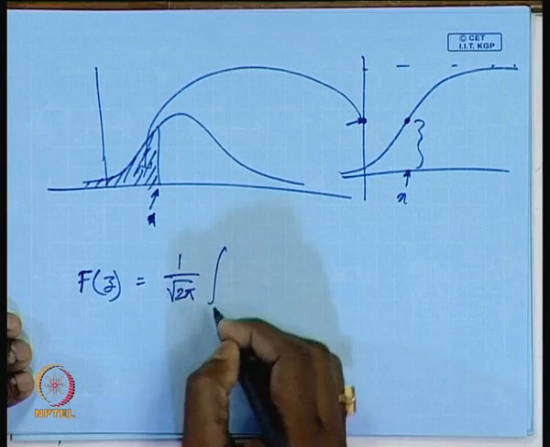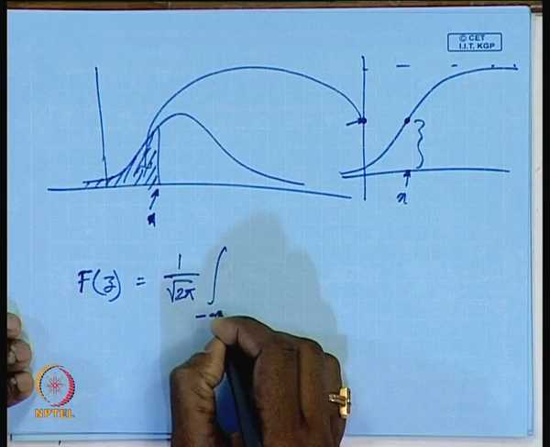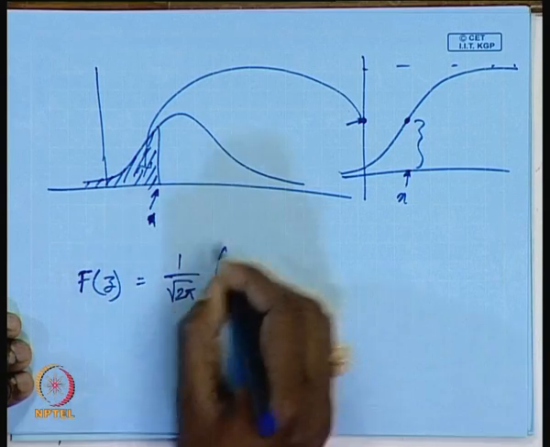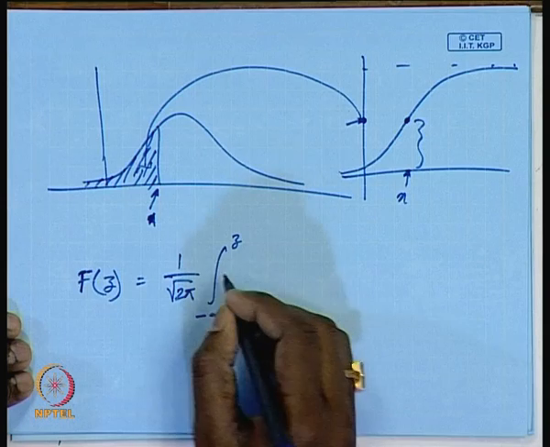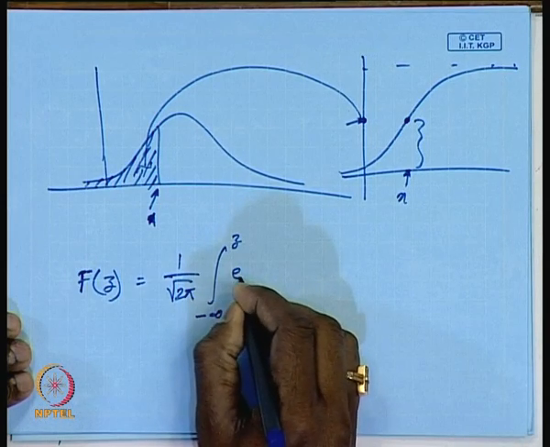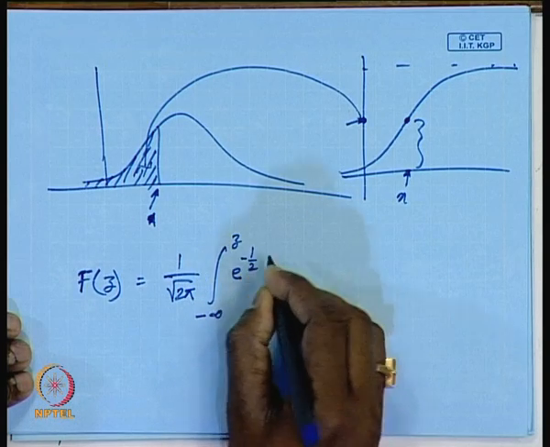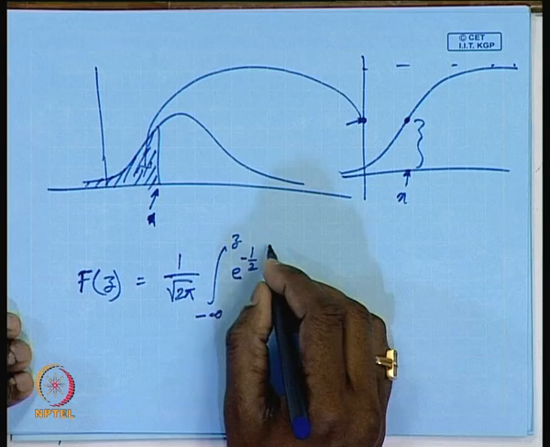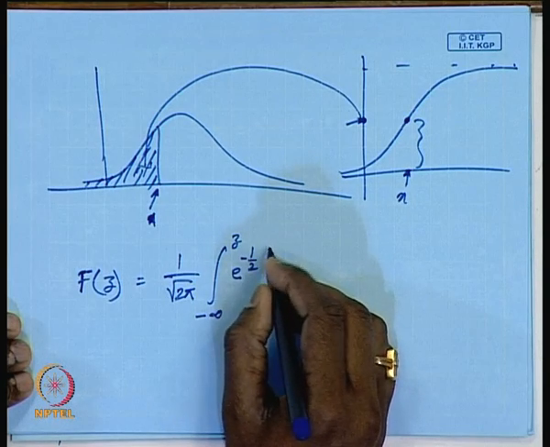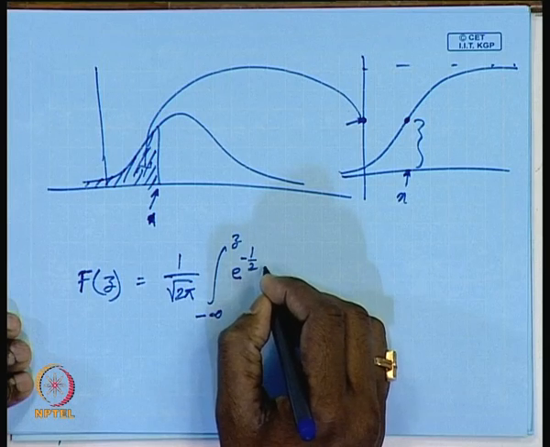So this is the integration from the left extreme, minus infinity, up to the specific value of z, and the integral form will be e power minus half of z minus 0 divided by sigma, whole square.